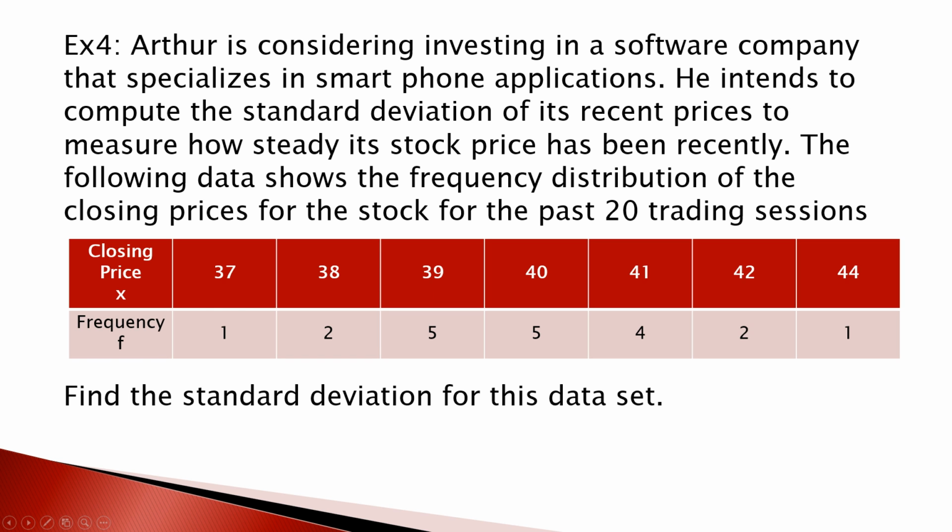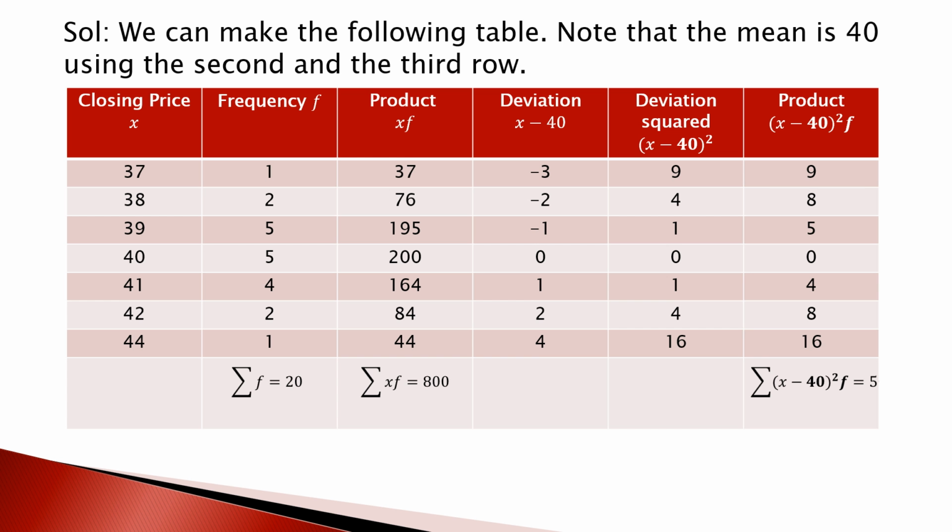Okay, let's find the standard deviation here. So these are the closing prices, and these are the corresponding frequencies. See, there are 20 frequencies here. Now, first of all, we are gonna multiply them, okay?